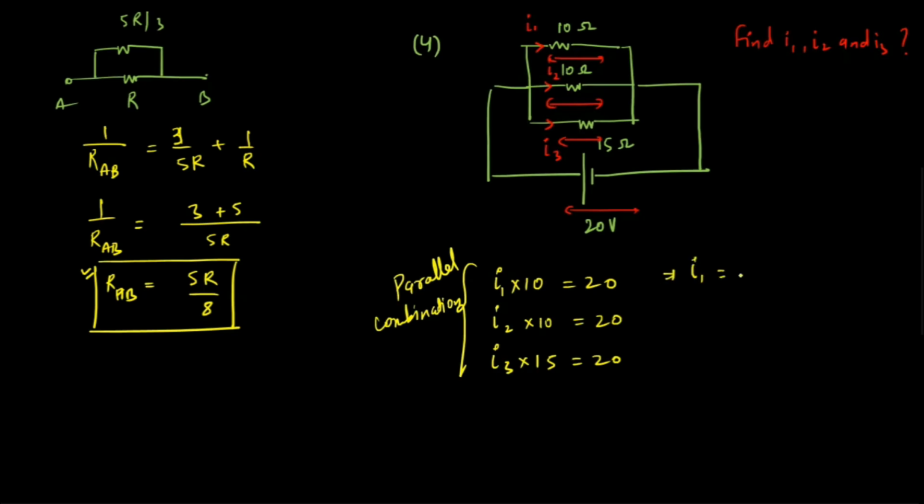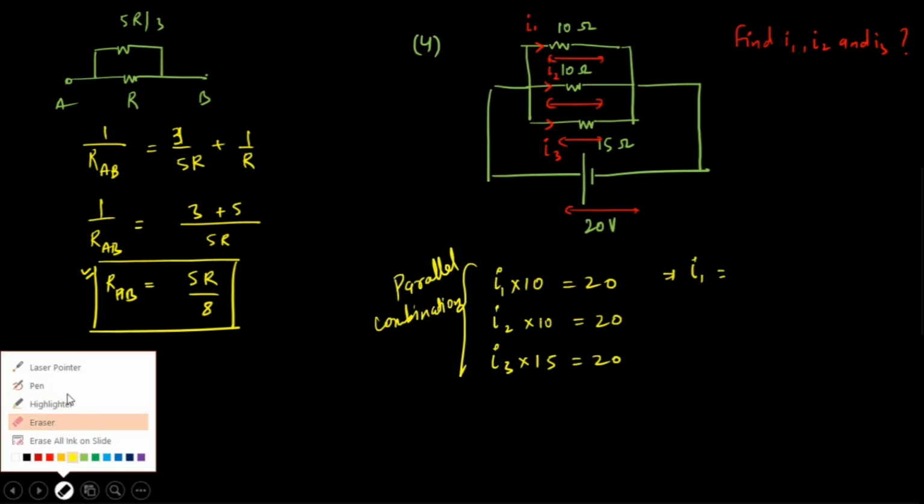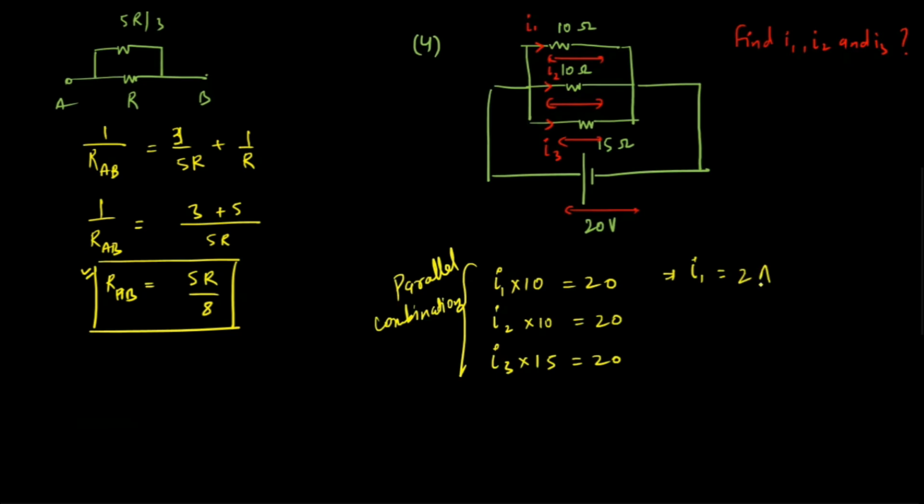So I1 must be 2 amperes, I2 must be 2 amperes, and I3 must be 4 over 3 amperes.